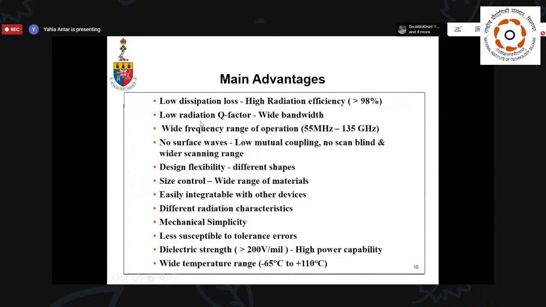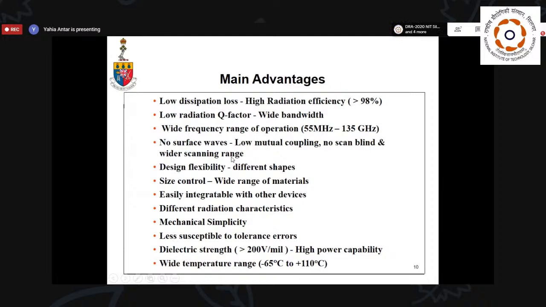Why dielectric resonators? Well, these are some of the properties, and I'm sure some of you have heard quite a bit about these things. But the main advantage is low loss, so high radiation efficiency if you can feed it right. This is the type of radiation efficiency you can get. Inherently wide bandwidth because it has low Q. I don't know if you have seen higher frequencies, but there are some that go as low as this frequency, and some that have been designed to go as high as this frequency, and maybe more now.